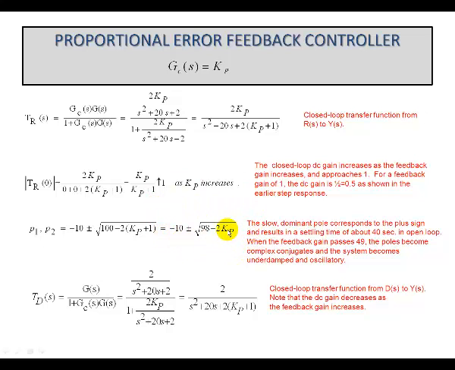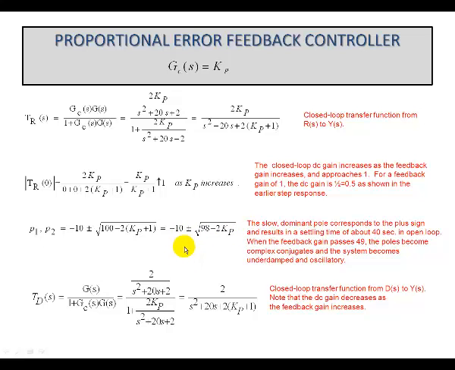However, if Kp is increased further, more than 49, this term will become larger than that term, so the square root of a negative number will be an imaginary number. So here the poles will become complex conjugates with a real part at minus 10 and the complex conjugate imaginary parts.